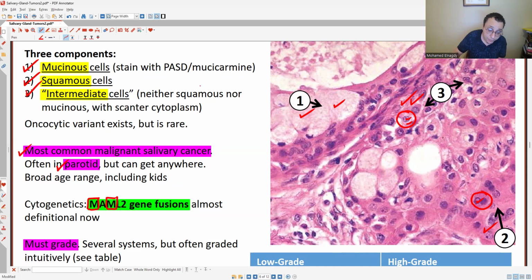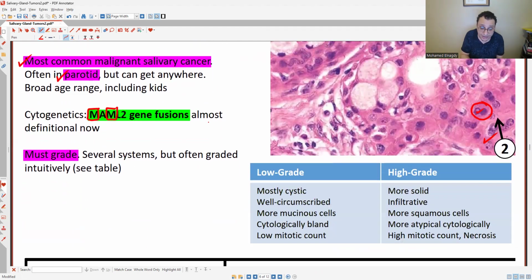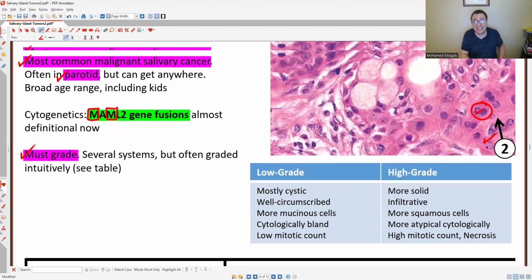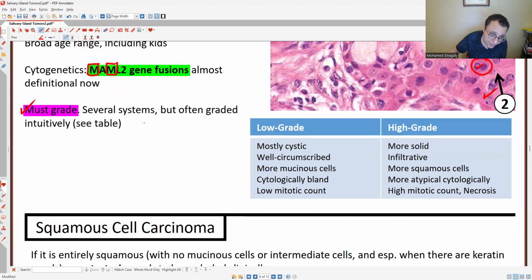Actually, the mucinous cells are filled with mucin, and you can stain this mucin with PAS or mucicarmine, and it has this MAML2 gene fusion. You must grade this tumor to see how aggressive it is, whether it's low grade or high grade, but this is in your clinical practice.